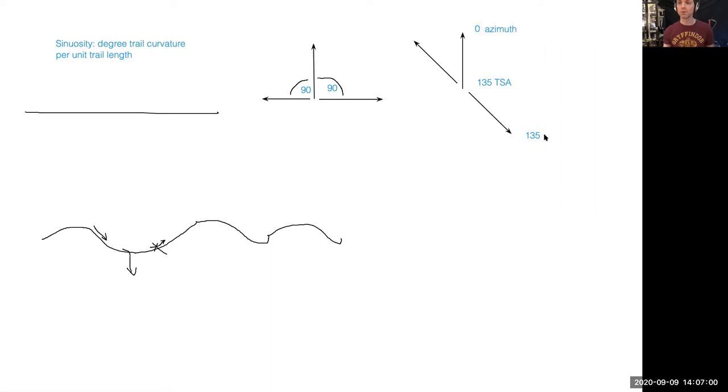And let me label our numbers because I'm changing a little bit what each of these numbers represents. So azimuth. Azimuth is compass direction. All right, so if we are heading in the compass direction of 135 degrees, so going down slope in this case, and then we stop and we say, wait a minute, this angle is too big.